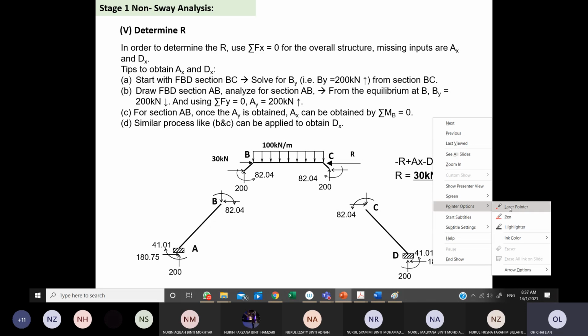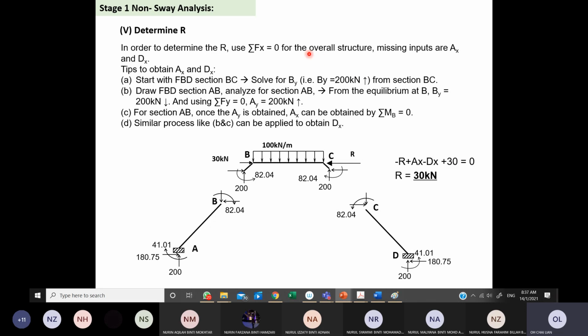I'm going to read this. You might take these tips as well. In order to determine the R, we need to use the summation Fx equal to 0 for overall structure. Why? Because this R is in horizontal. If the R is in vertical, where the frame sway vertically, then you need to take summation Fy equal to 0.